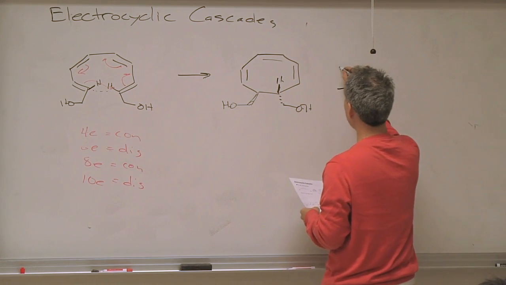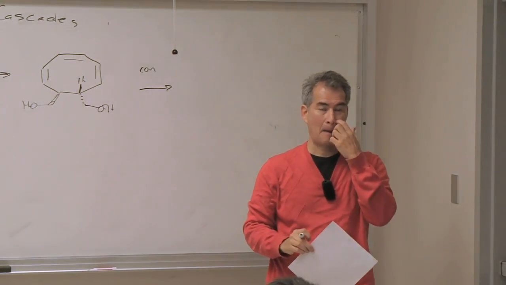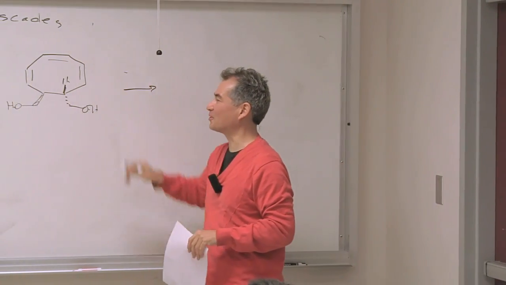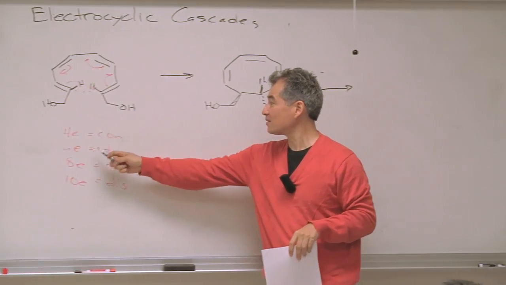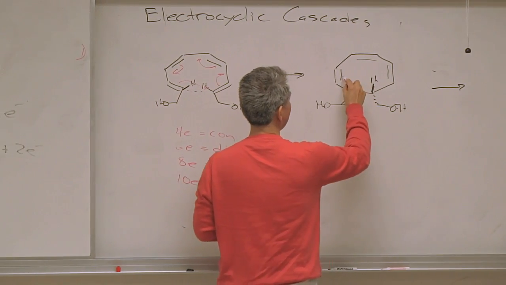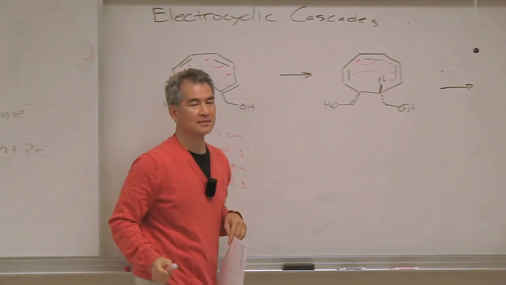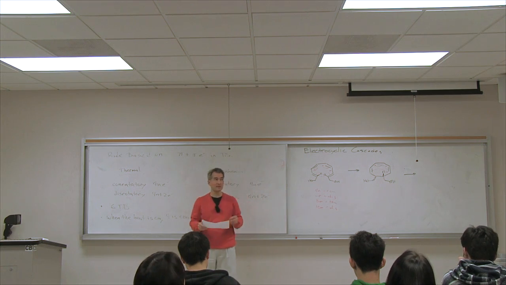Under the conditions of the reaction, this keeps going. I guess I shouldn't tell you. So this is going to be a 6-electron process when this 6-electron system now cyclizes. So this now cyclizes to make a 6-membered ring.